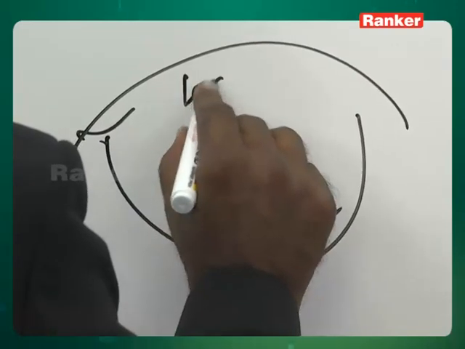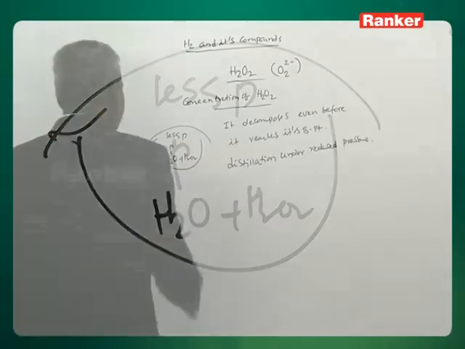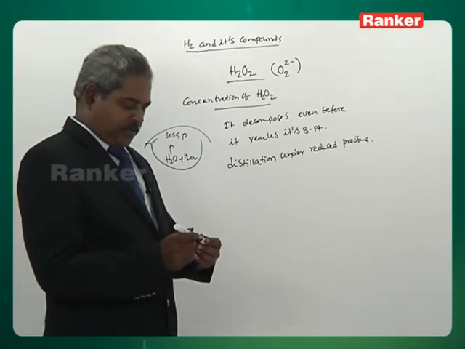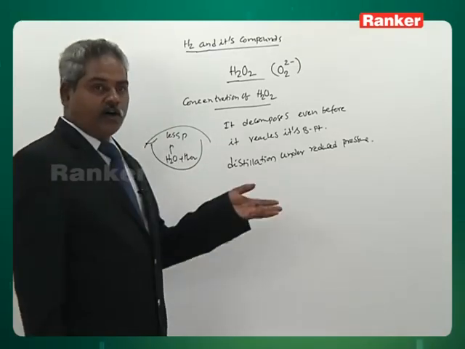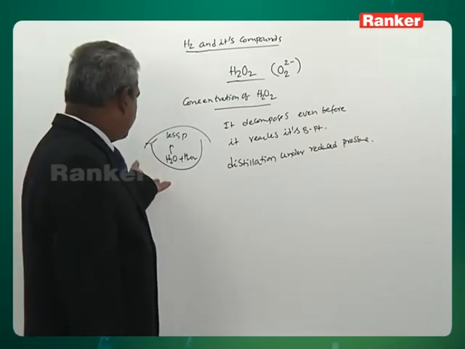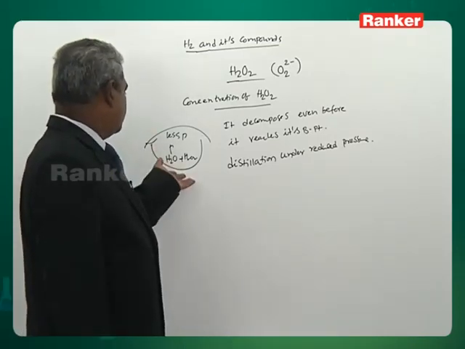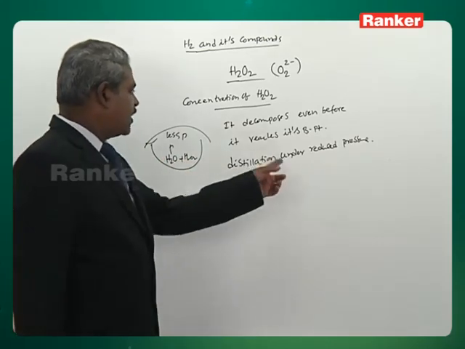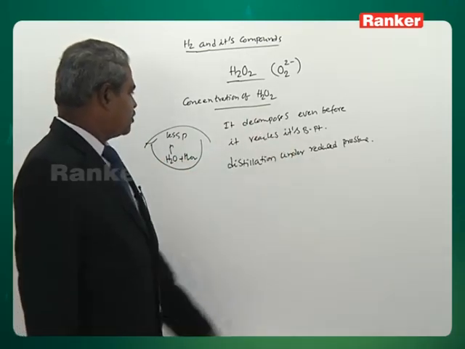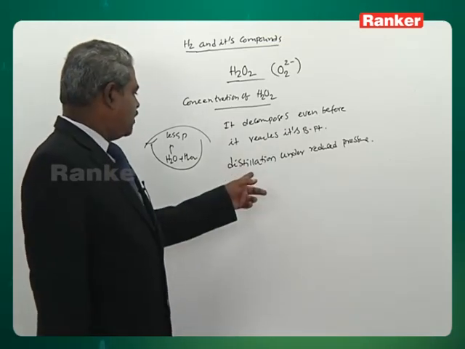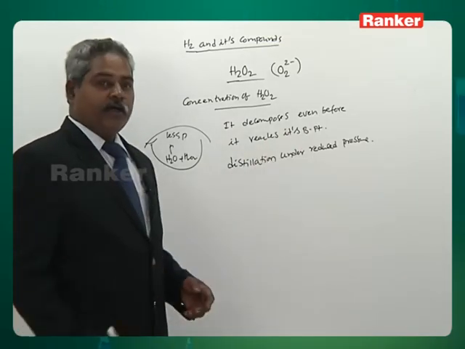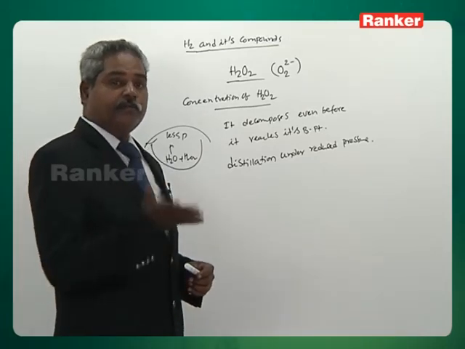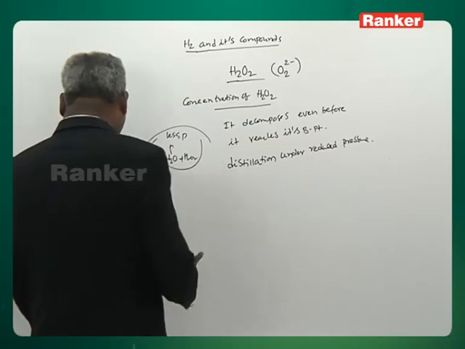What happens? Water boils quickly. Instead of 1 atmosphere, you take half atmosphere. So H2O boils quicker than that, and H2O2 doesn't decompose. So this is called distillation under reduced pressure. Which substances do you employ this for? Distillation under reduced pressure is employed to separate substances which decompose even before they reach their boiling point.